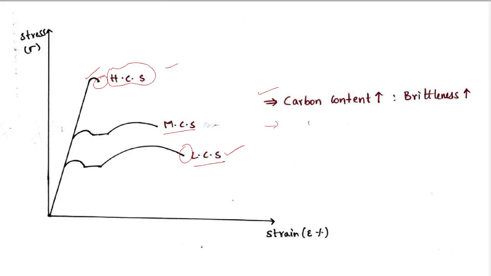That means as carbon content increases, ductile nature decreases. And if we observe the fracture point, in case of higher carbon steel, the fracture point is at very less strain, whereas in medium carbon steel it is here, and in lower carbon steel it is here. That means as the carbon content increases, the fracture point will be at lower strain.